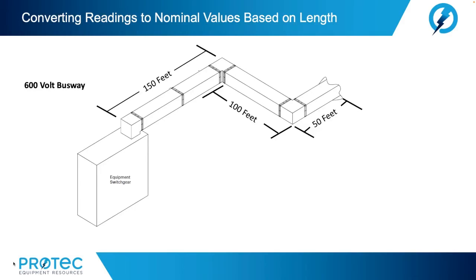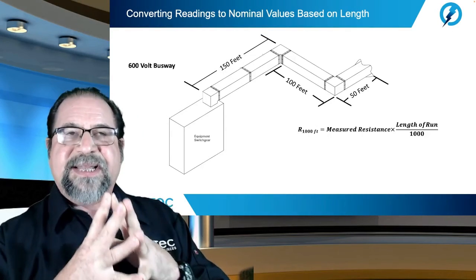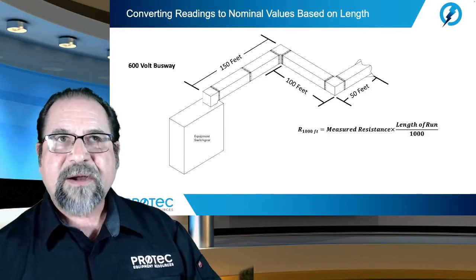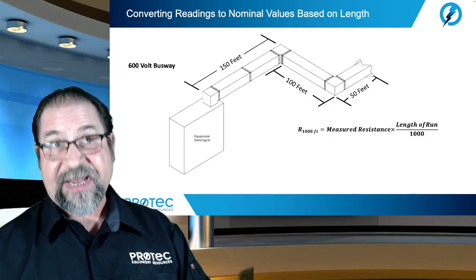Again, 600 volt bus system. Now let's assume what are the lengths of the bus. So here we show that we have 150 feet, then we take a 90 degree, we travel another 100 feet, we take a 90 degree, we travel another 50 foot. The key thing we need to remember here is when dealing with Table 100.1, the values that are in there, particularly when dealing with busway systems, is based on lengths of 1,000 feet.